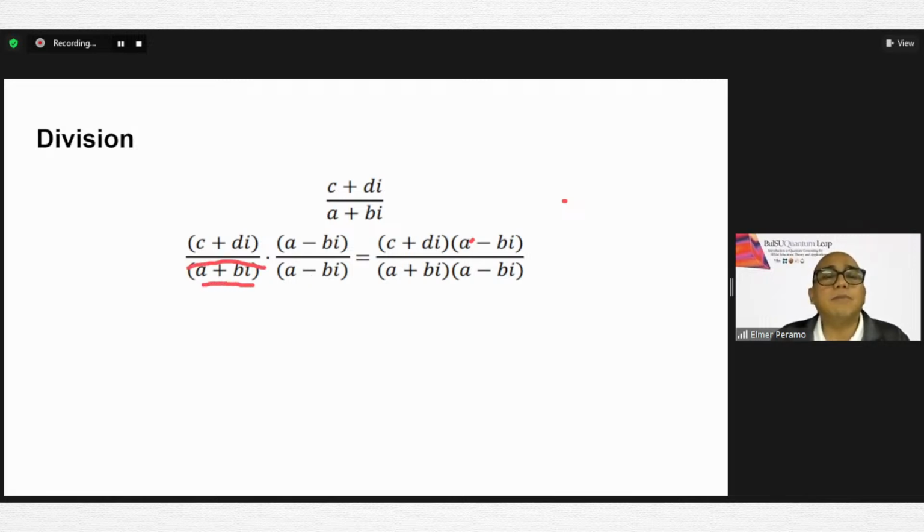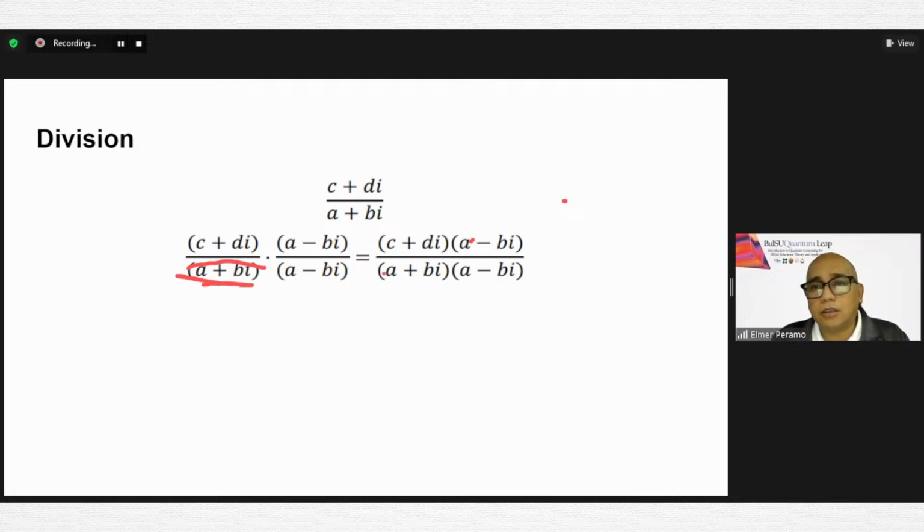So you get the complex conjugate of the denominator, A plus BI, and this whole thing is multiplied by 1, expressed as the ratio of the complex conjugate over the complex conjugate of the denominator, A minus BI divided by A minus BI.